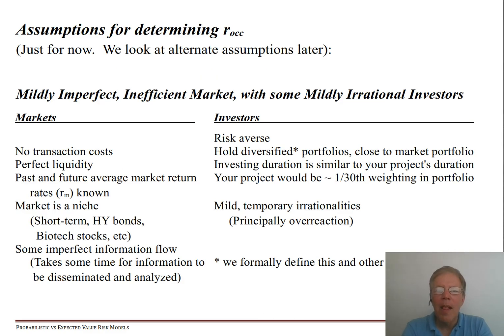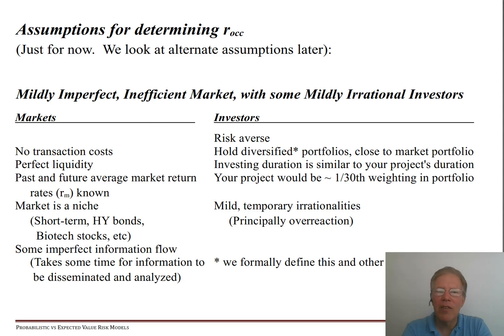So now, what are our assumptions that we need to do this? One thing you're going to see as you go on in finance is that the more complicated our models get, the more assumptions that we have to make to use those models. And a lot of these assumptions are not good, okay?